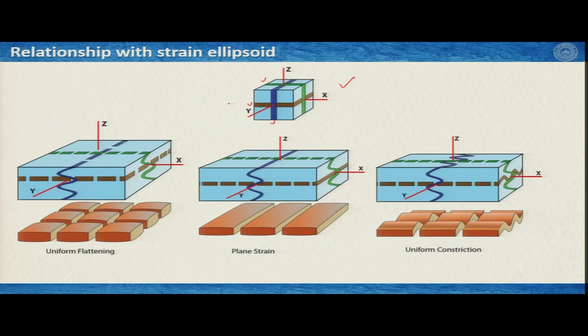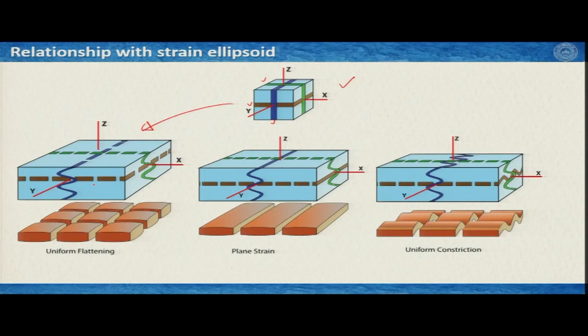Now, first we will take up the problem of uniform flattening. If you remember, your z axis has to be shortened and the y and x axes should flow equally. So, the condition is x equal to y, which is greater than 1, and z is less than 1.